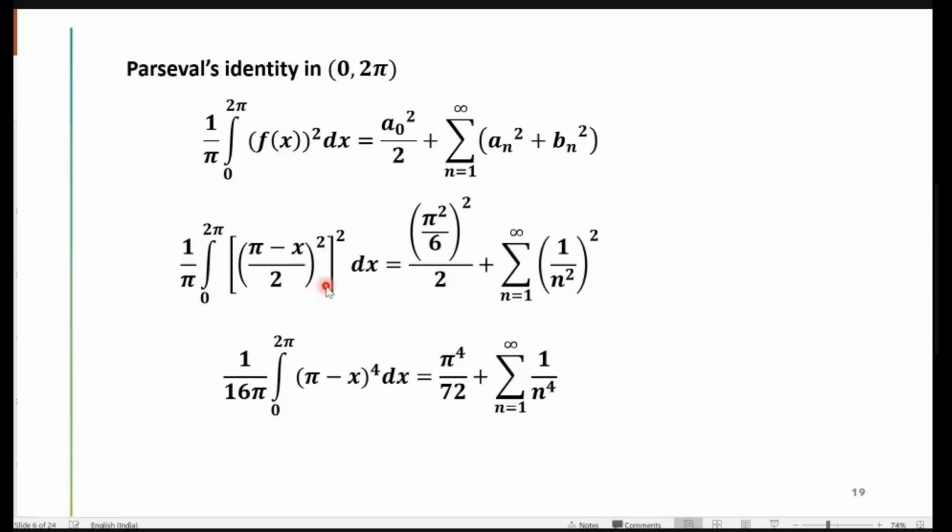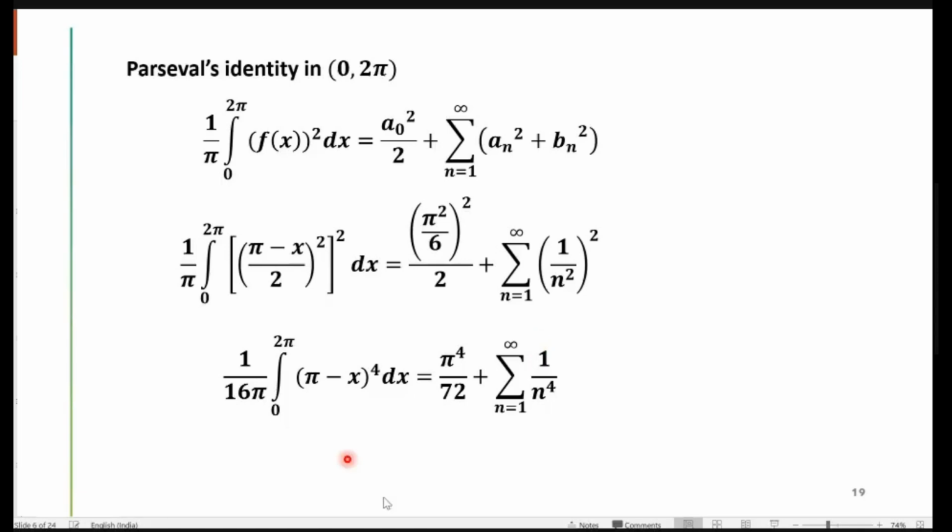Here it is actually whole raised to 4, pi minus x by 2 whole raised to 4. So this 2 raised to 4 will come out, that will become 16 pi, then pi minus x raised to 4, and if you simplify this, pi raised to 4 upon 36 into 2, which is 72, plus summation 1 upon n raised to 4.